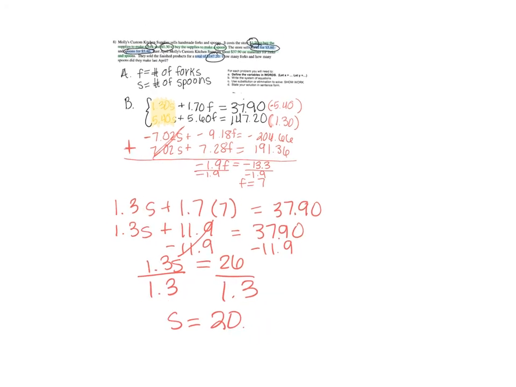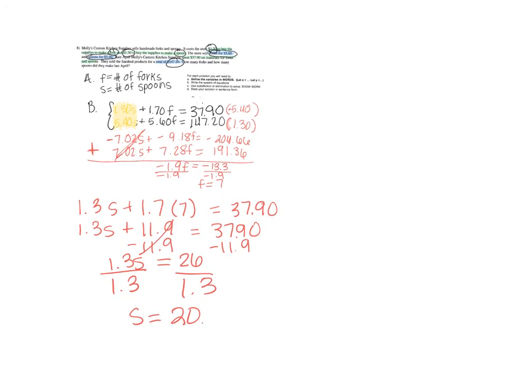Now, I'm going to check these two. What I'm going to do is I'm going to rewrite it, and then I'm going to type it all into my calculator and check it. So the check looks like this over here.